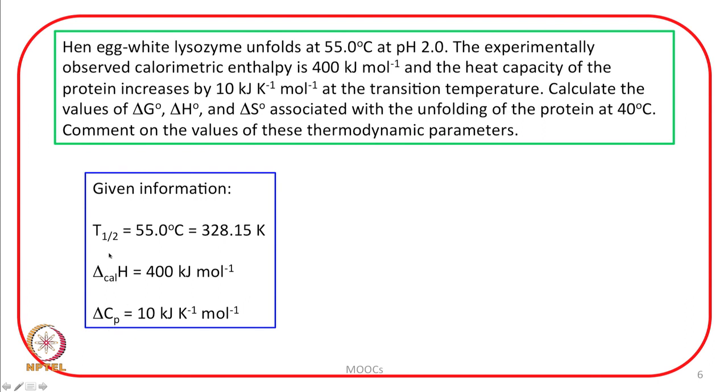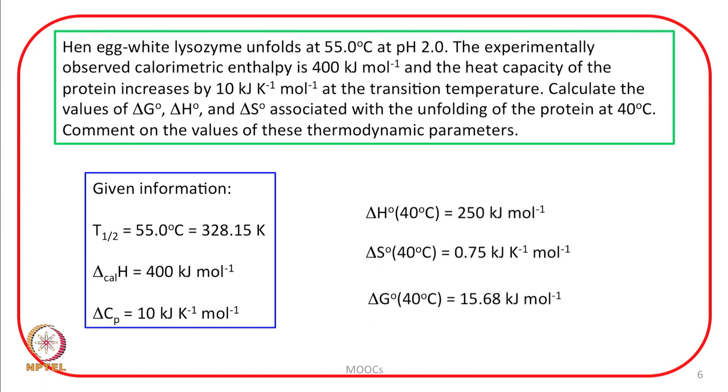When you substitute this data in those three derived equations, we get the enthalpy of unfolding at 40 degrees centigrade as 250 kilojoules per mole, entropy of unfolding at 40 degrees centigrade as 0.75 kilojoules per Kelvin per mole, and delta G naught at 40 degrees centigrade as plus 15.68 kilojoules per mole.